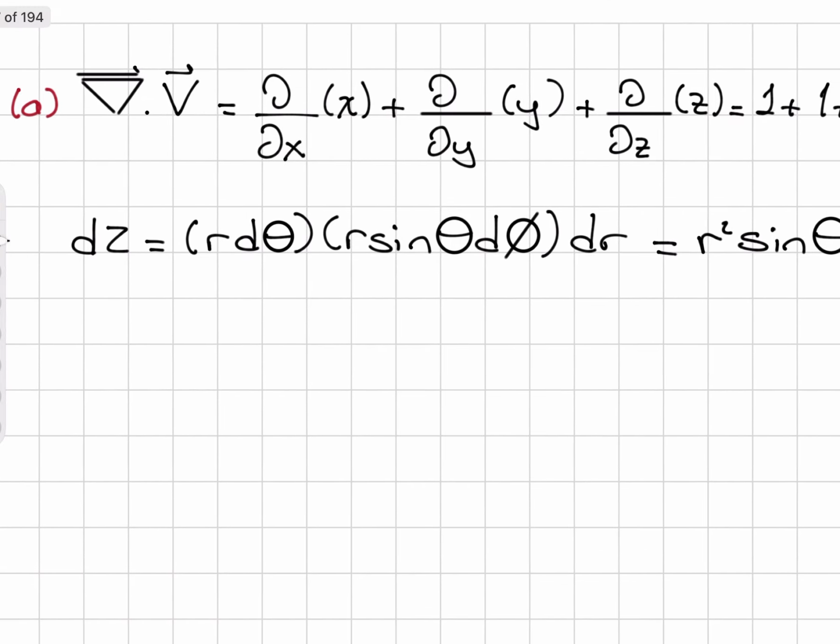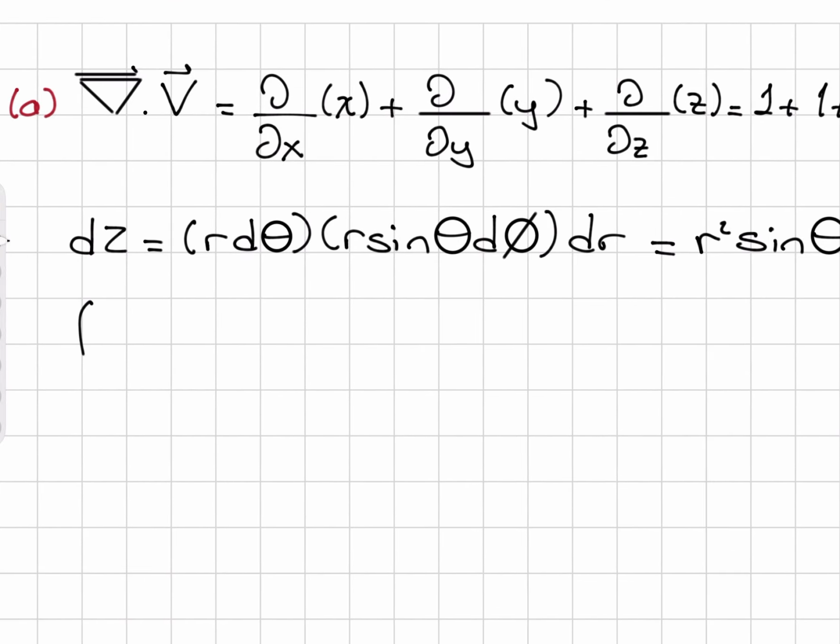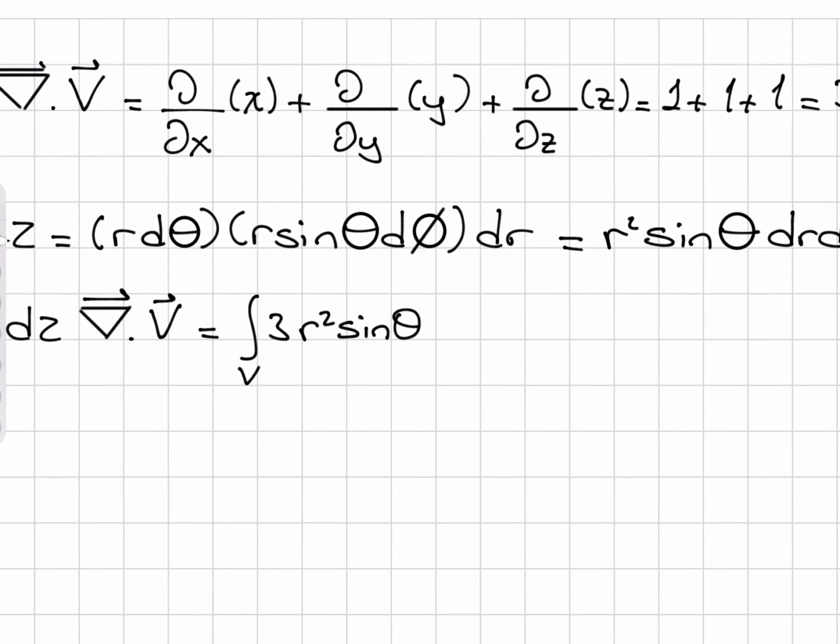Okay, now we're ready to perform the volume integral ∫ dτ divergence of V. Divergence of V gave us a factor of 3. Our volume element is r squared sinθ dr dθ dφ.